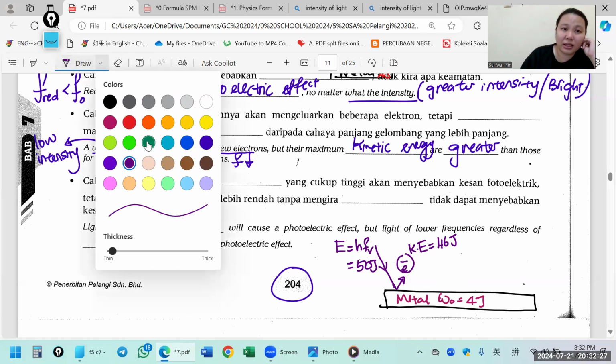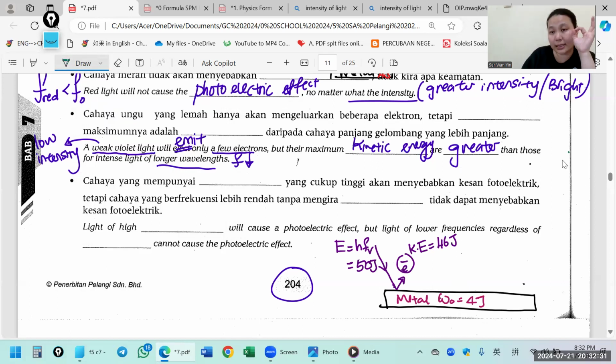Okay, now let's say green, ROYGBIV. So green has lower frequency than violet. E equals hf green. Let's say this is 30. Then the electron will be emitted with kinetic energy 26 joules.